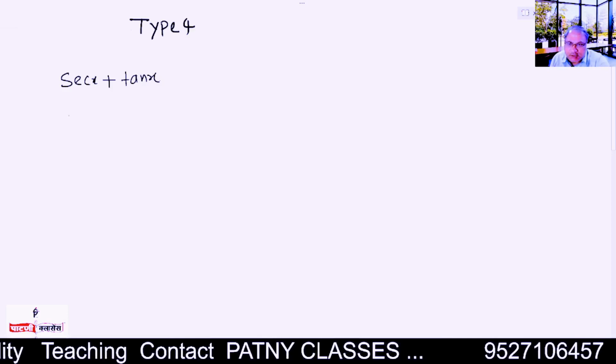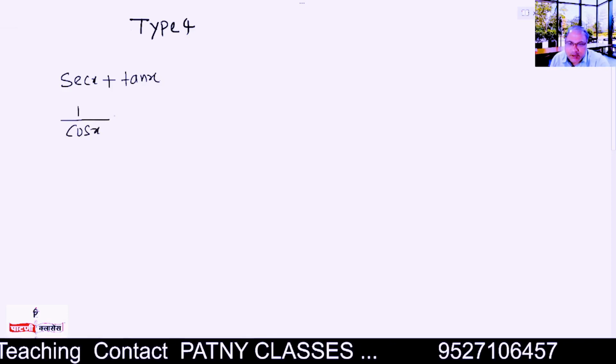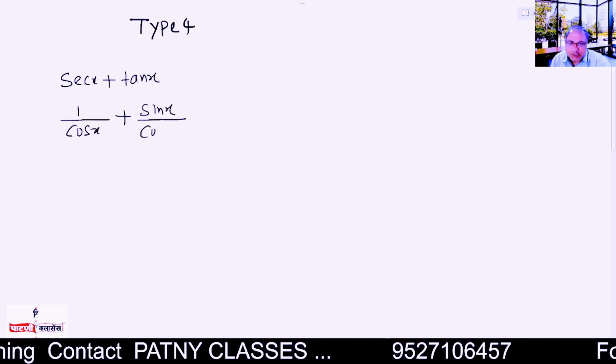Let us simplify sec x plus tan x. Sec x can be written as 1 upon cos x and tan x can be written as sin x upon cos x.